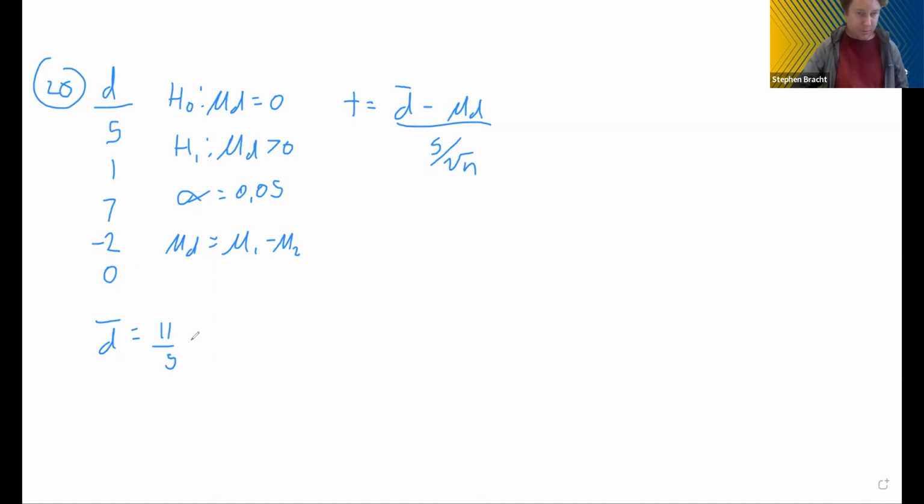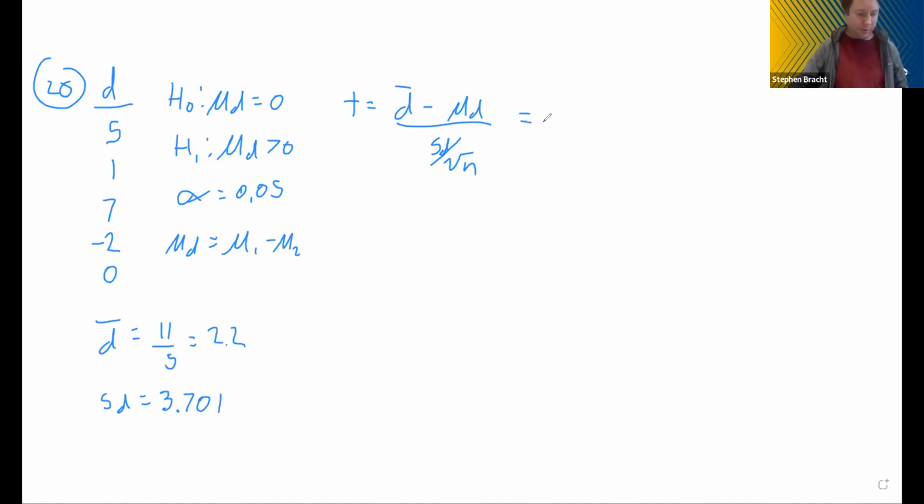You divide by 5, you get 2.2. S, which I'll actually call SD, is the sample standard deviation. The easiest way is to take these 5 numbers, plug them into the list editor on your calculator and run the 1-var stats command. That would give you the SD value of 3.701.